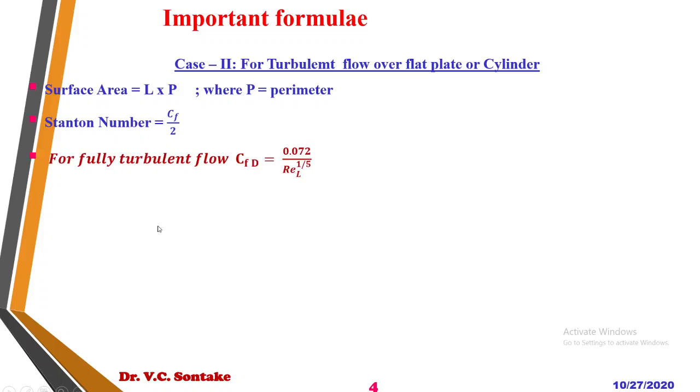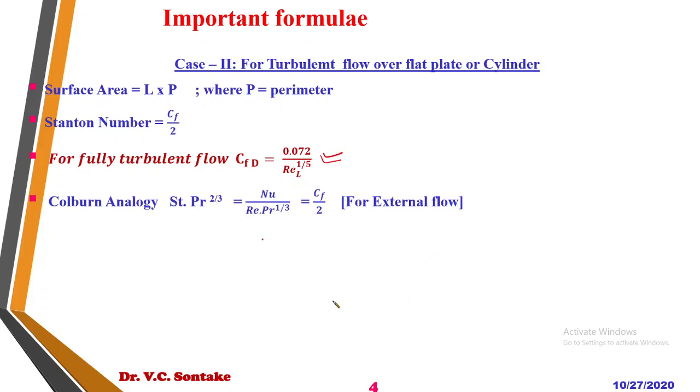For fully turbulent flow, the value of coefficient of friction can be given as 0.02 over Re_L power 1 by 5. So again, this expression is not given in data book. Then Colburn analogy, it is given as Stanton into Prandtl number 2 by 3.